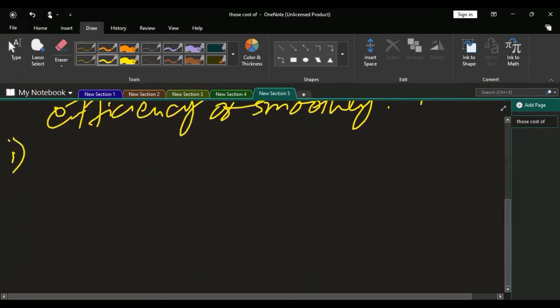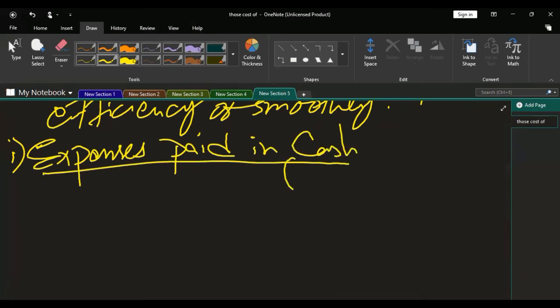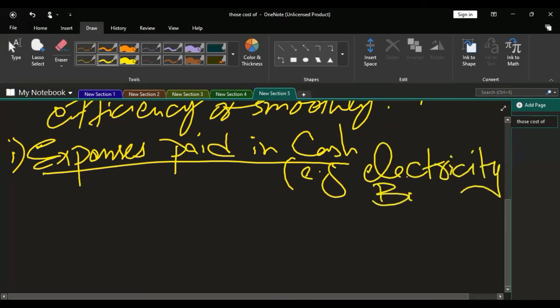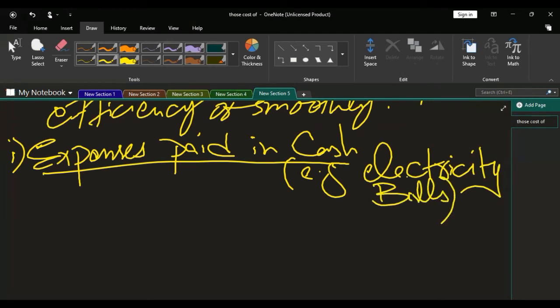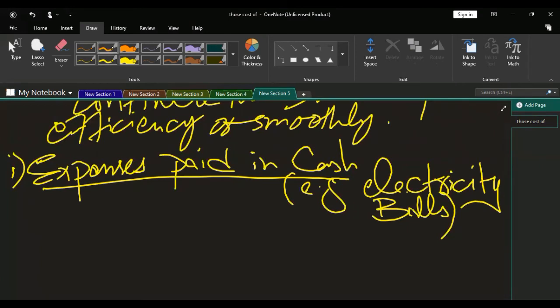First one is expenses paid in cash. Here we are going to take an example of an electricity bill or utility bills that are received by us on a monthly basis. What happens when an expense is paid in cash? You can easily see here two main items are affected.